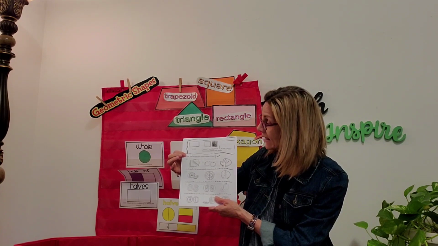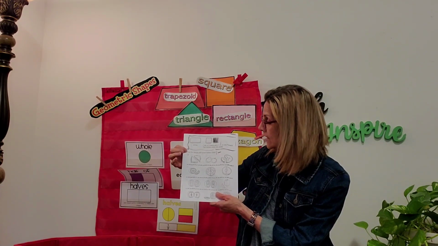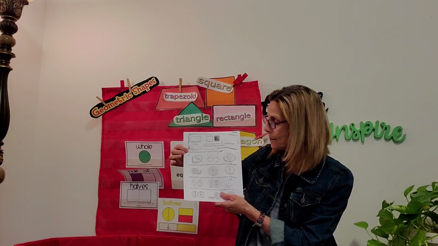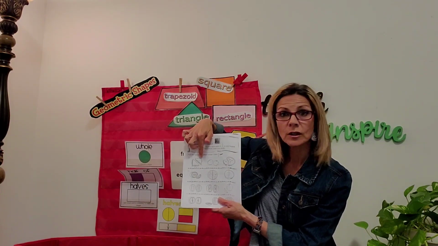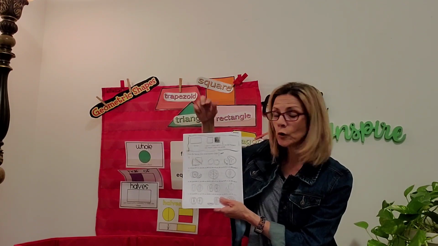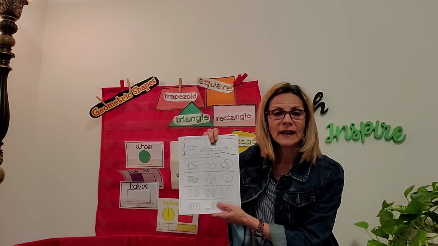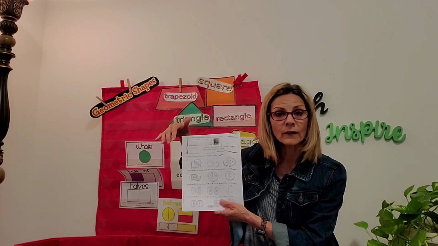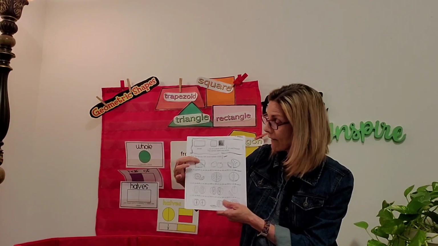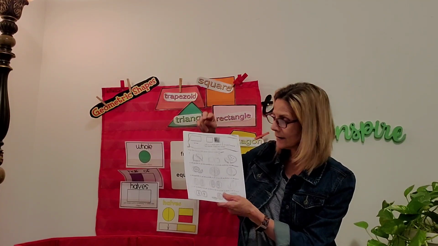It says at the top, find the figures that show halves and color 1/2. So you're going to look at each model of food. If the food is partitioned in 2 equal parts, you're going to shade 1 part. So you're going to evaluate each one separately.